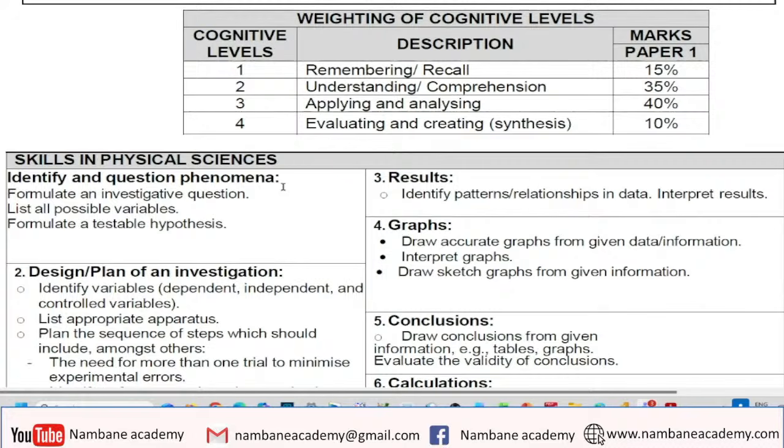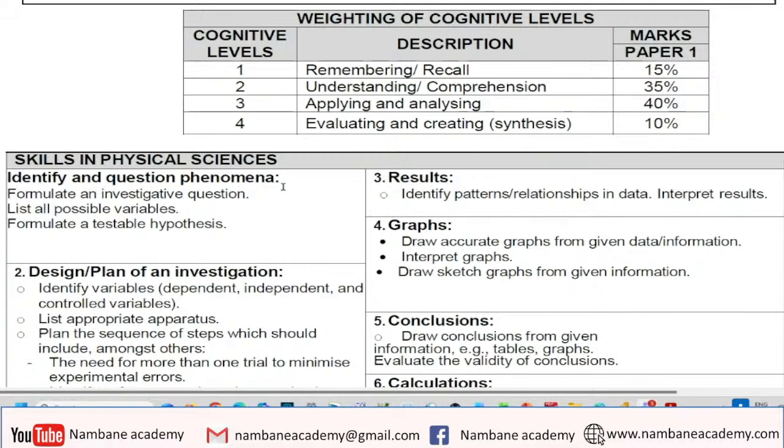After identifying variables, you must then be able to write an investigative question, hypothesis, and conclusion. And whenever you write a hypothesis or a conclusion, please note the phrasing is very, very important. But first, for you to be able to get the mark, we will check if your variables are correct. If the variables are wrong, then the answer will be wrong. You will not get 2 marks. So the most important thing is to identify the variables.